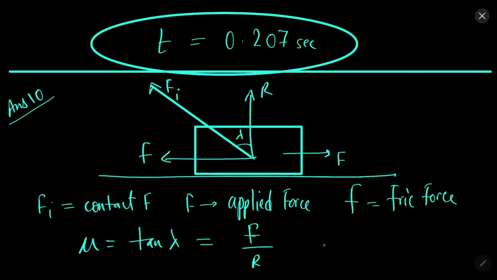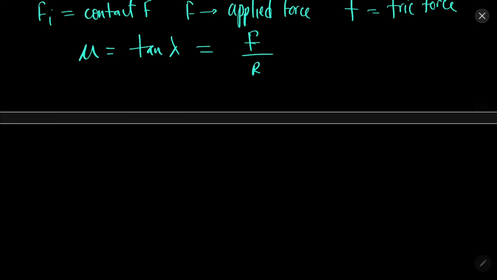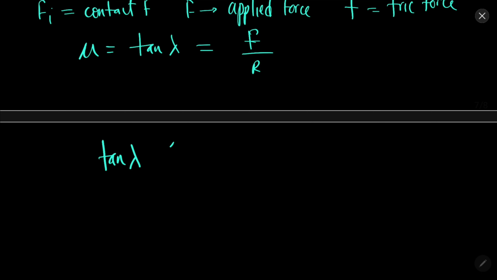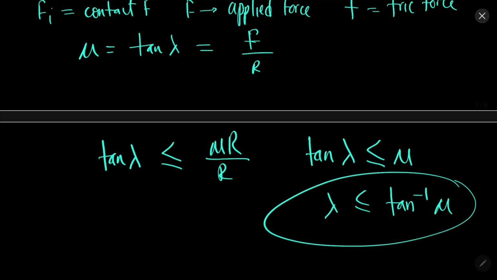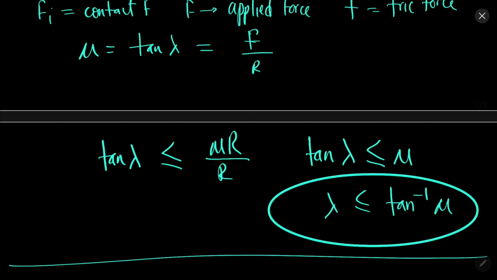The frictional force can have a maximum value of limiting friction, which is mu R. So the value of tan lambda can be smaller or equal to mu R upon R, or tan lambda must be smaller or equal to mu, or lambda must be smaller or equal to tan inverse mu. So this is how you can prove this thing.